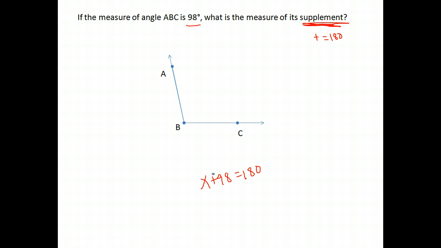What is its partner, its supplement, that adds with it to be 180? Okay, so we just go ahead and solve that. If we take 180 and subtract the 98 from it, we'll see how many degrees are left, and that gives us our answer. If we do that, we get an 82 degree angle. So the supplement of 98 is 82.